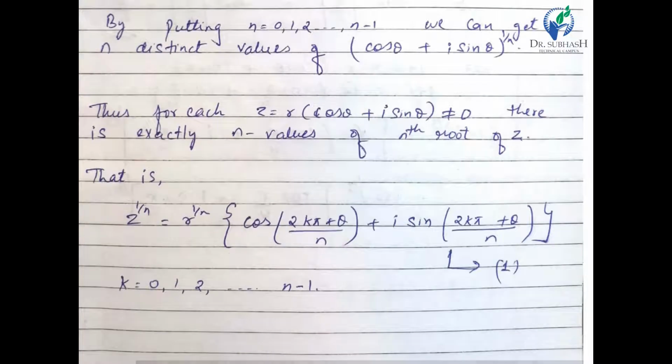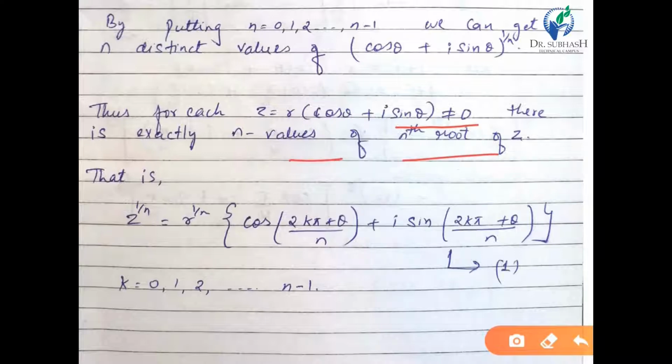Thus, for each z equal to r into cos theta plus i sin theta, which is not equal to 0, there are exactly n values of the nth root of z. That is, z raised to 1 by n is equal to r raised to 1 by n times cos of (2k pi plus theta) upon n plus i sin of (2k pi plus theta) upon n.